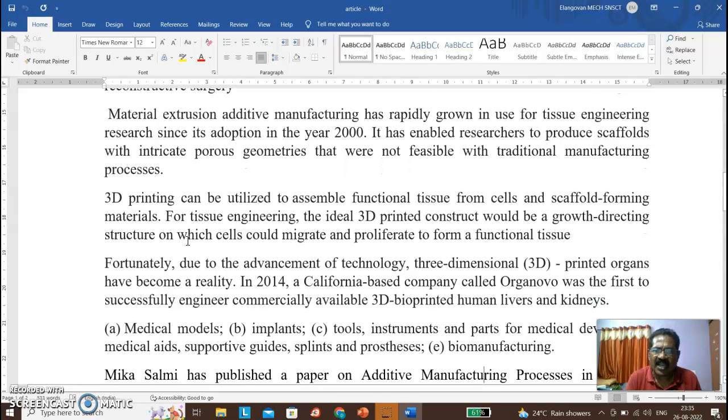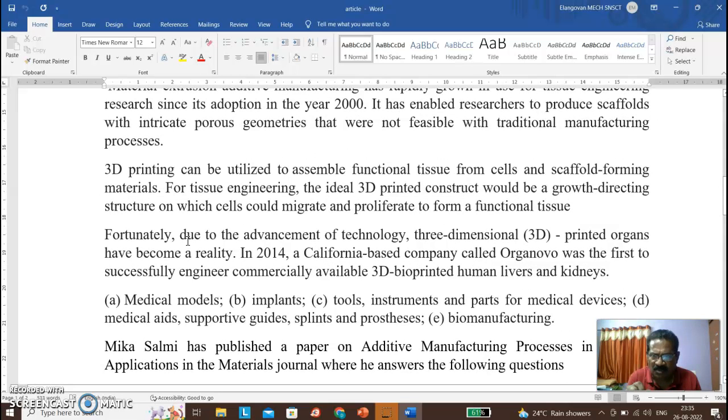For tissue engineering, the ideal 3D printing construct would be a growth-directing structure on which cells could migrate and proliferate to form functional tissue. Luckily, due to the advancement of the technology, three-dimensional printed organs have become a reality. In 2014 itself, a California-based company called Organovo was the first to successfully engineer commercially available 3D printed human livers and kidneys.